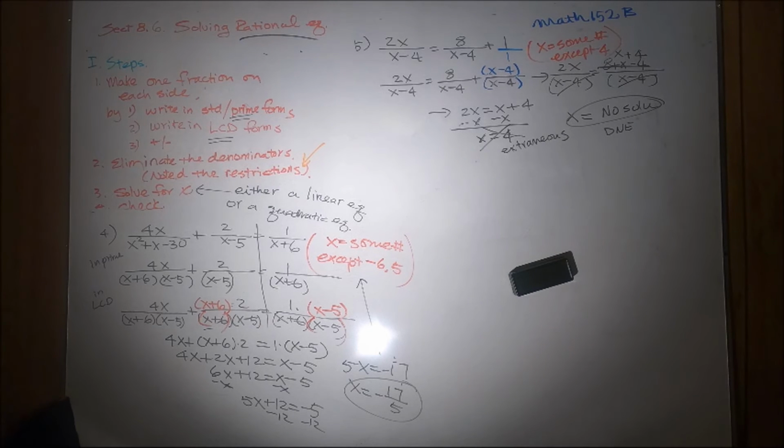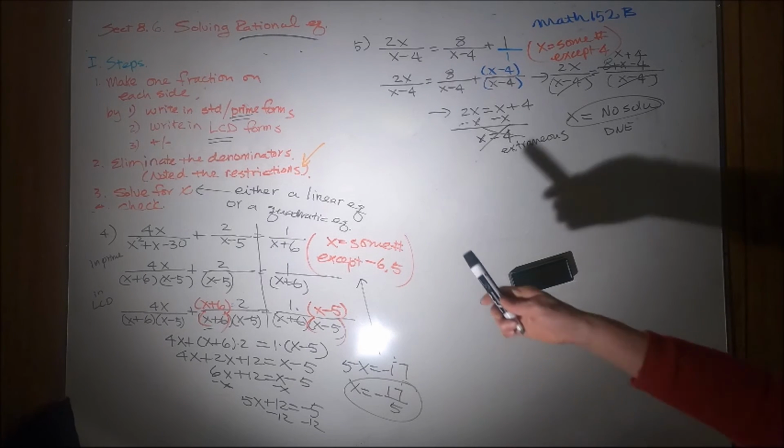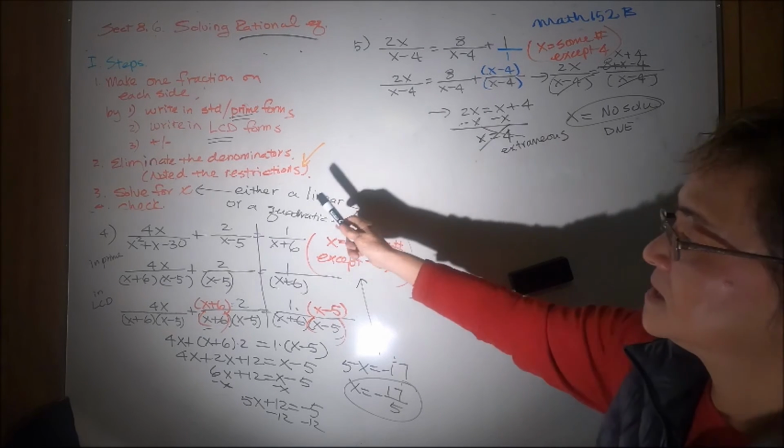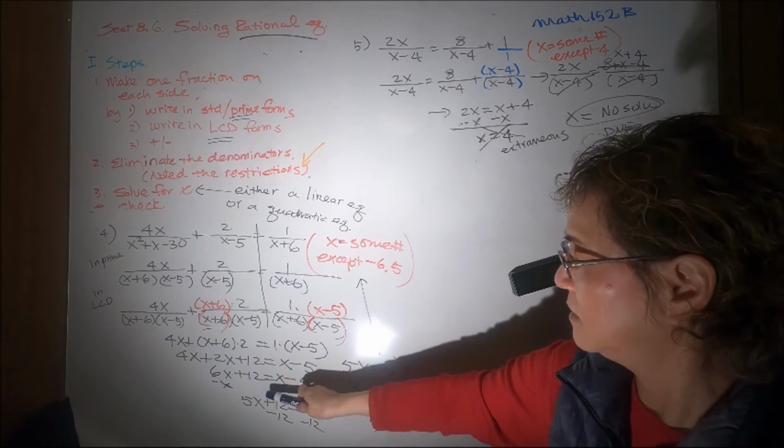Right? Think about it. What are we doing? Solving rational equations. So that would be your approach, one of the approaches you can use. Just to make each side a single fraction, right?